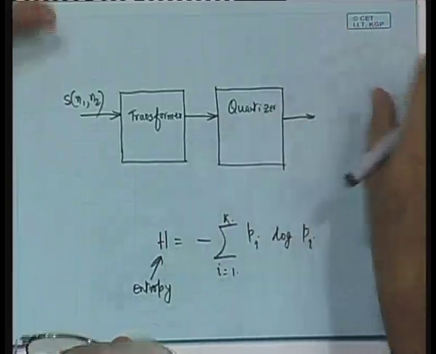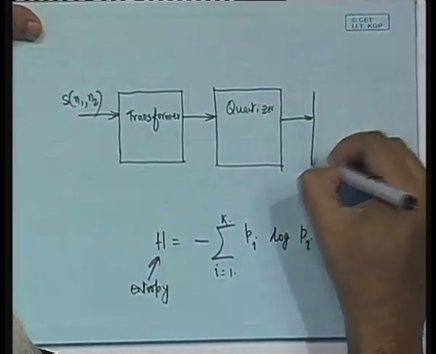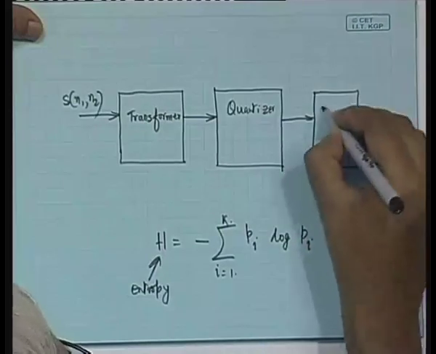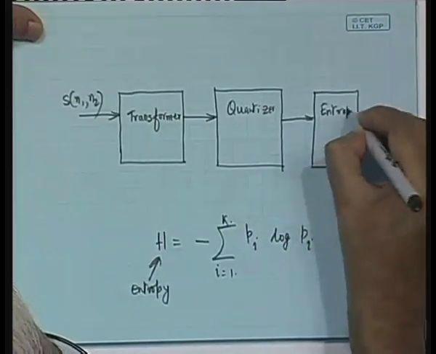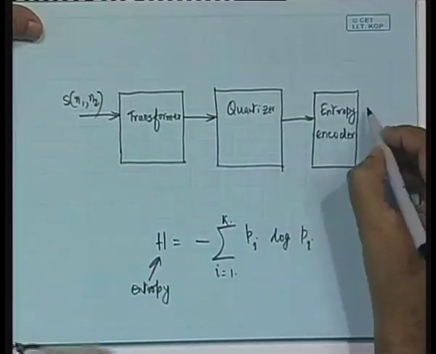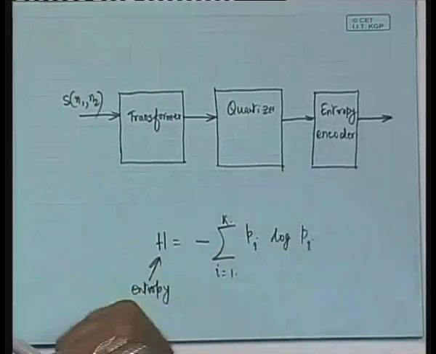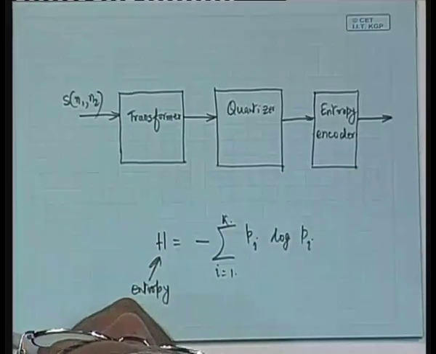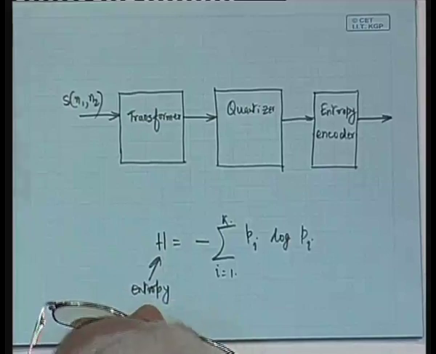That is what Shannon's theorem on noiseless channels tells us. So, we must have some kind of entropy coding in order to encode the quantized symbols. So, we must follow it up with an entropy coder, an entropy encoder. And these coded bits will be put into the channel for transmission, right.